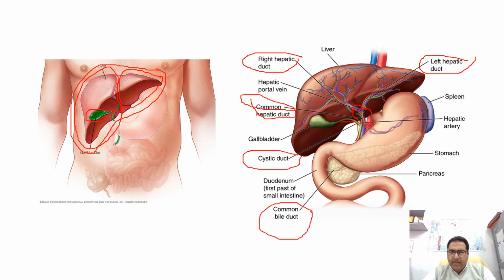This common bile duct also joins with the pancreatic duct, which comes from the pancreas. The opening of the bile duct into the pancreatic duct is controlled by a sphincter called the sphincter of Boyden.